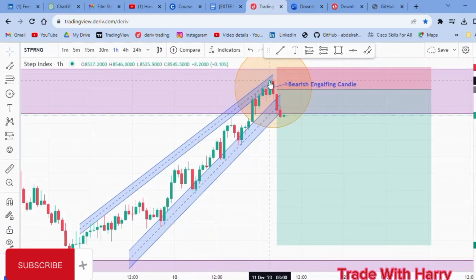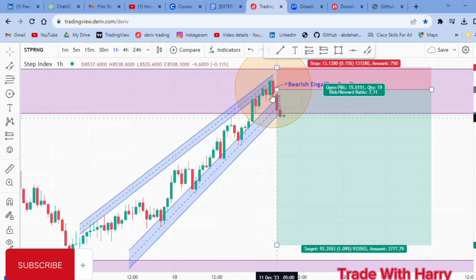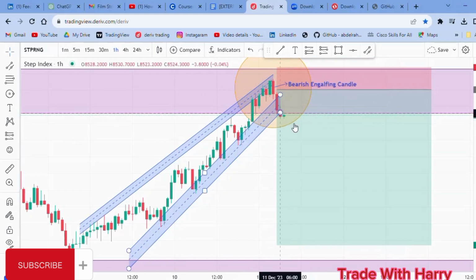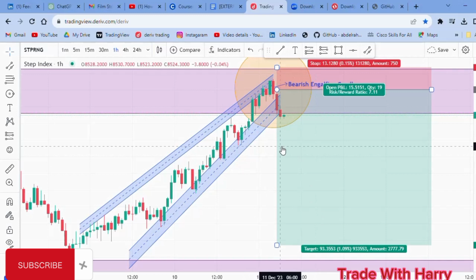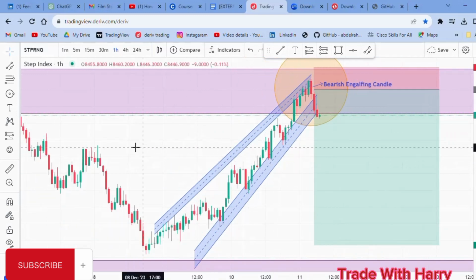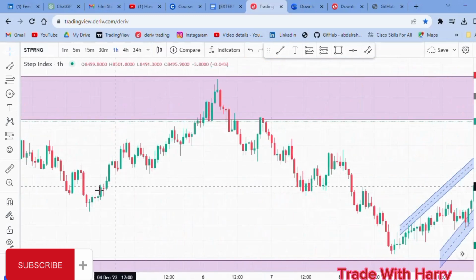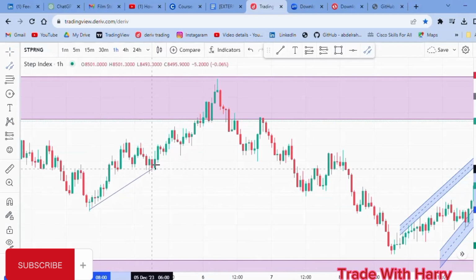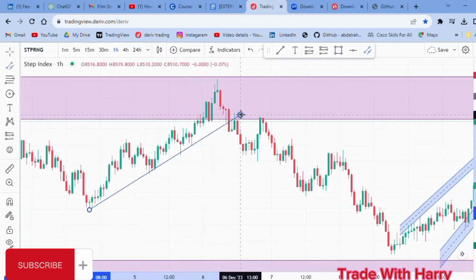So you see here it broke through the channel, so it gives another confidence that this market will actually be in a sell position. There's another one here. It's easy to identify them. You can actually draw another one here.